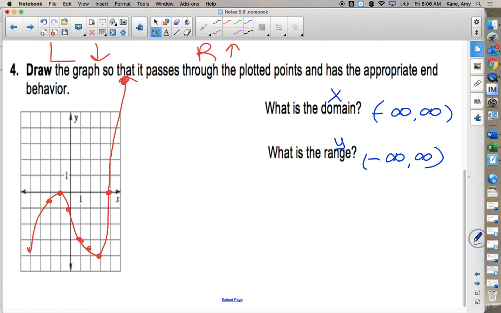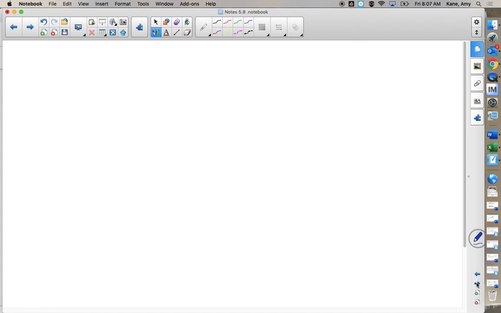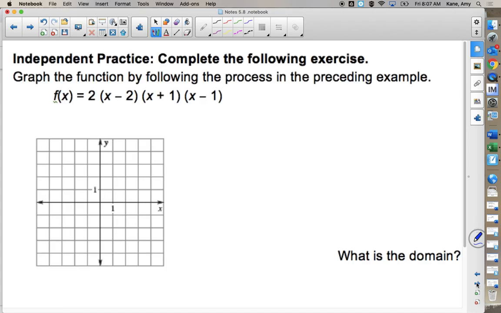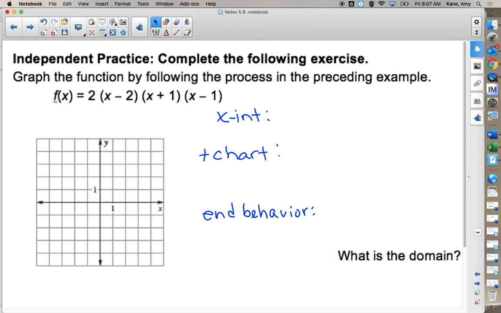So we're going to see if we can graph the next one, hopefully a little quicker. Instead of all of the wording, I have a little sheet that we're going to follow as well for when we do the homework.